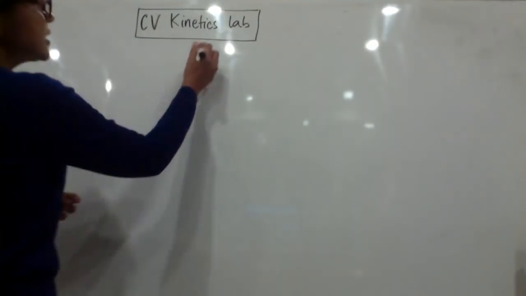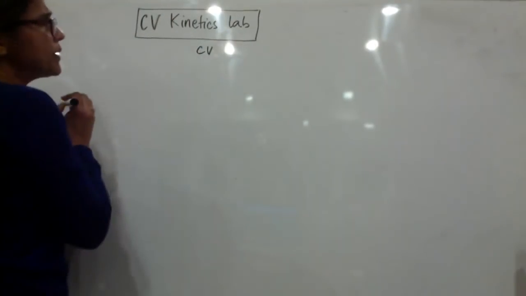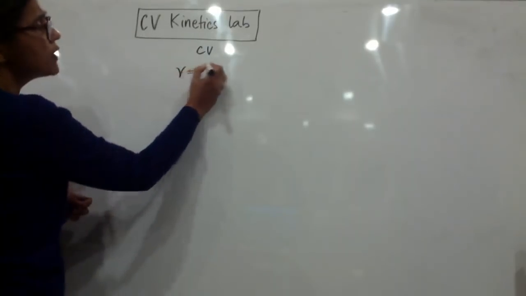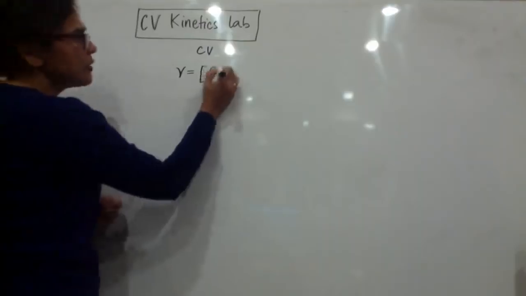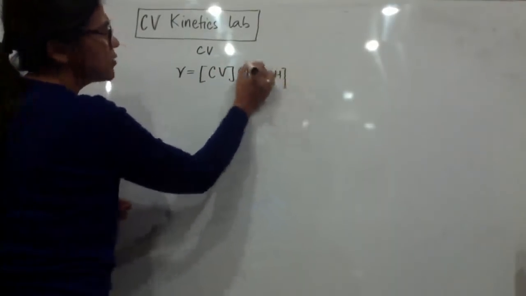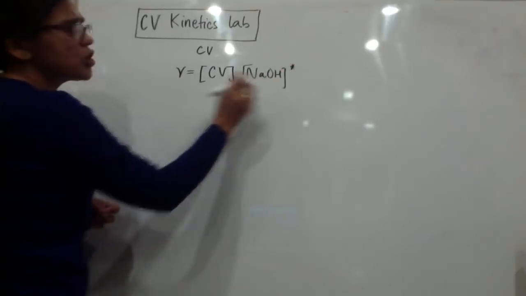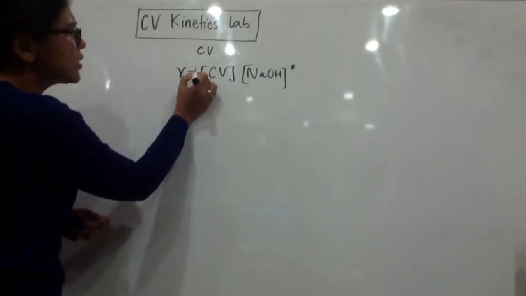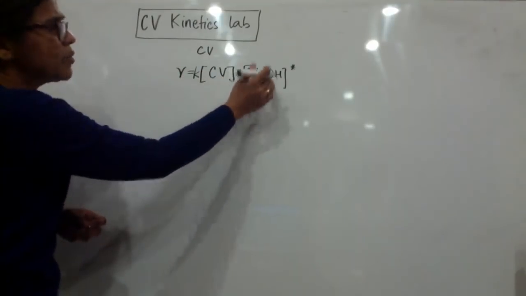So in this crystal violet lab, your purpose was to figure out the pseudo rate law with regards to decomposition of crystal violet with NaOH. And for this, we took a very large concentration of NaOH, so we considered it almost constant. So R is equal to K times crystal violet times NaOH.